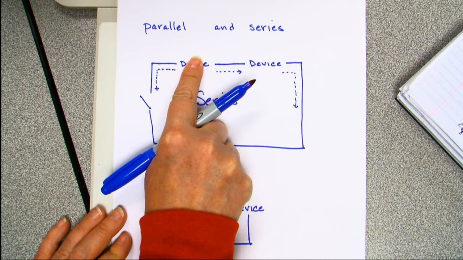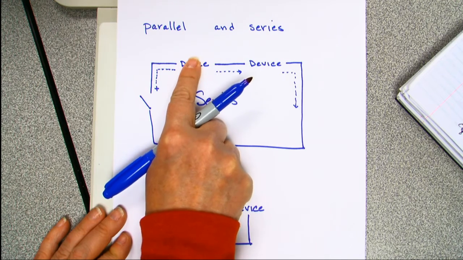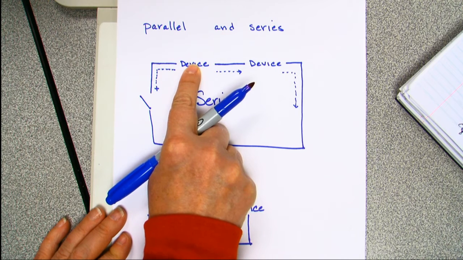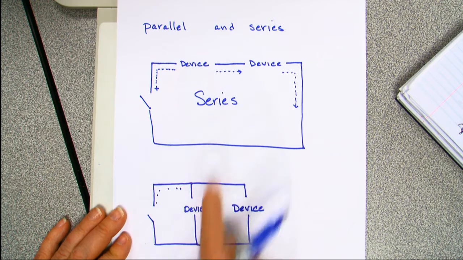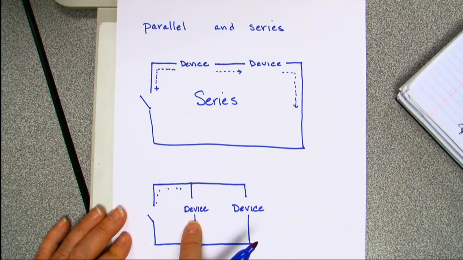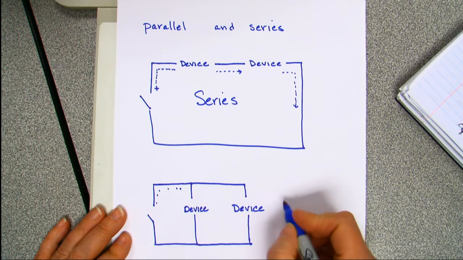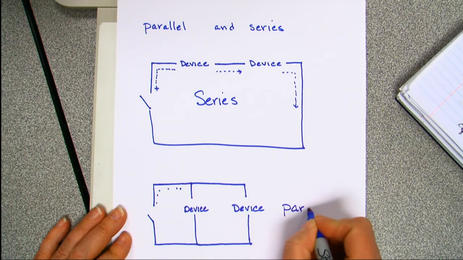So if you think about those old-timey Christmas lights, one of the bulbs was removed or it was burned out, I essentially had an open switch. Now, over here, the way they wire Christmas lights now, if this one's burned out, the circuit doesn't care because it can go through the other device. So this one is in parallel.